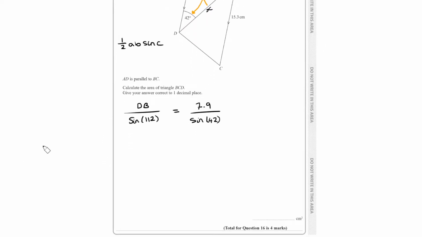And that just includes multiplying by sine 112, doesn't it? So dB, in my calculator, I'm going to put 7.9 over sine 42 multiplied by the other sine, just to get it across on the other side of the equation. So that's what's going in my calculator, okay?